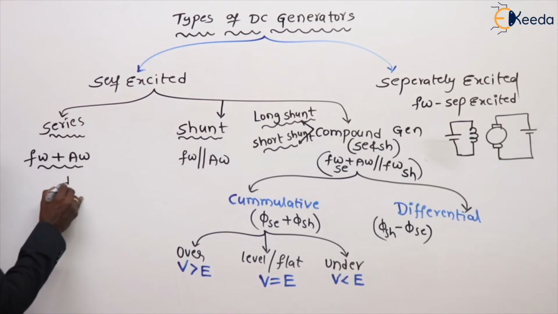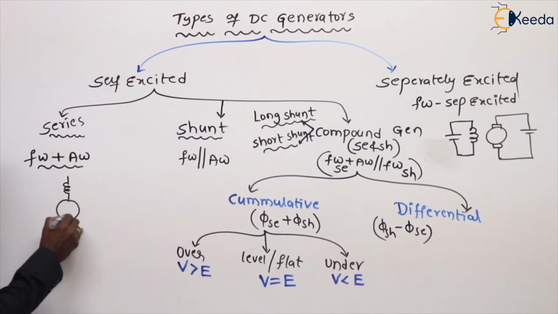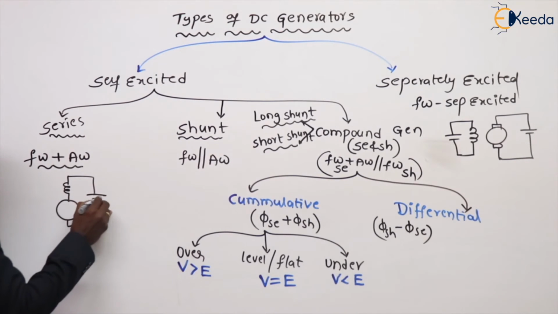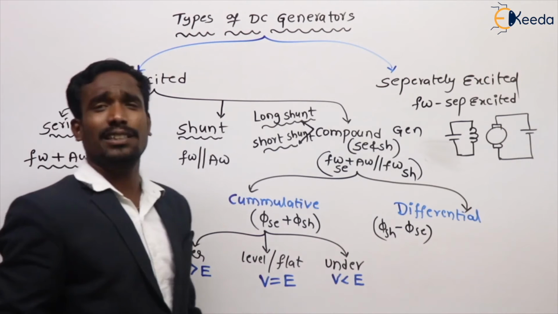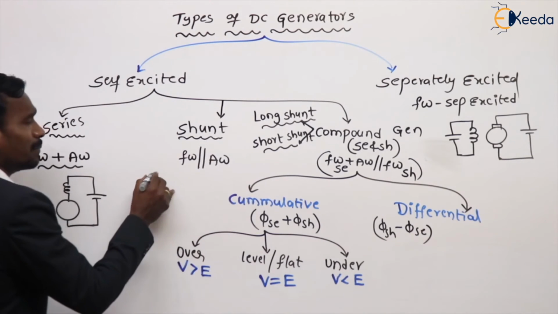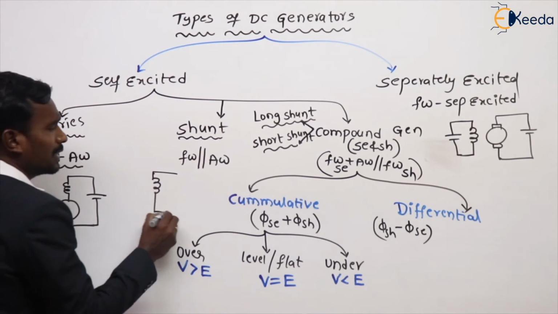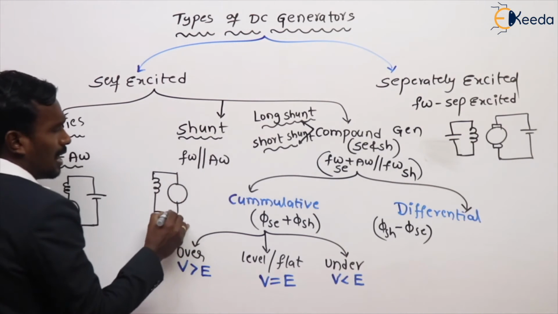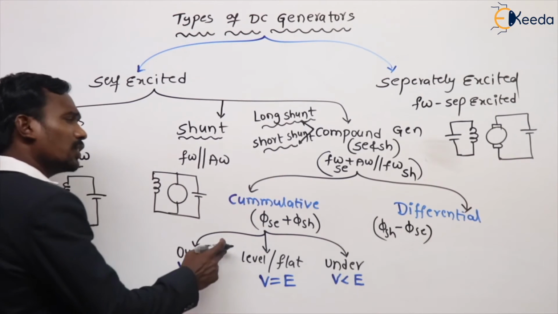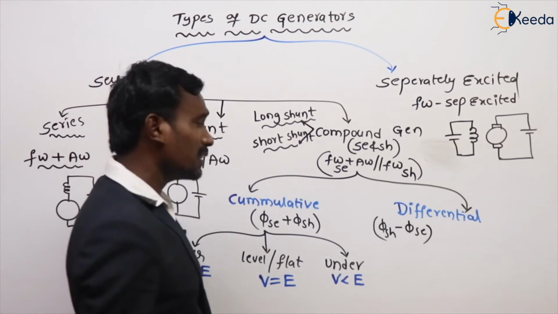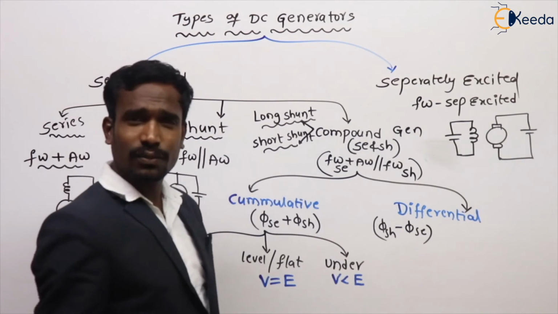In a series generator, the field winding is in series with the armature which is connected to the load. This is a shunt generator. In a shunt generator, the field winding is in parallel with the armature like this. And this is cumulative compound, differential compound. This is only based on the flux direction.